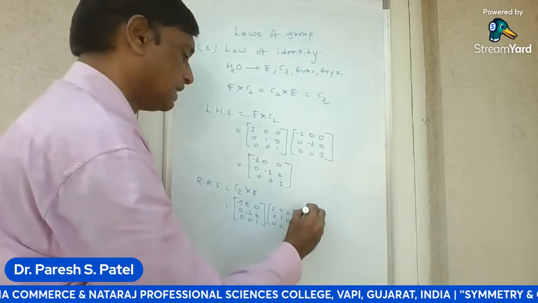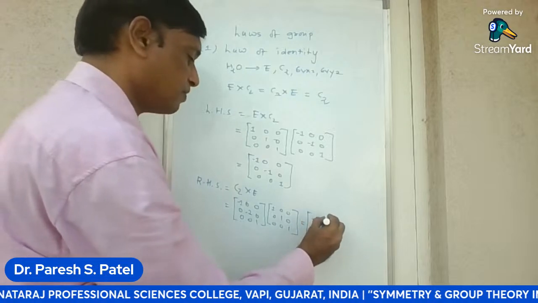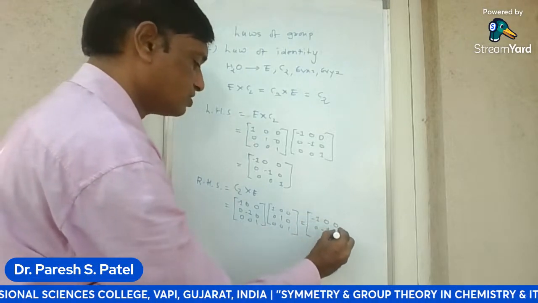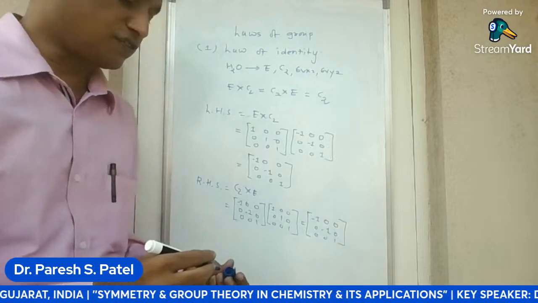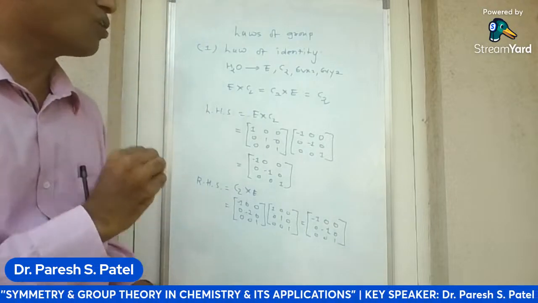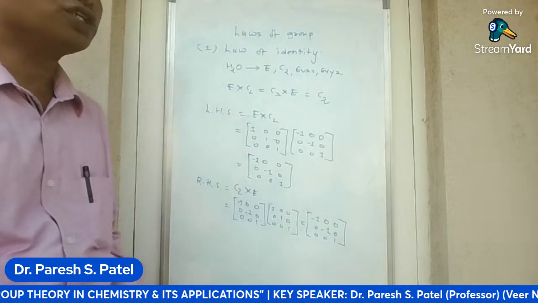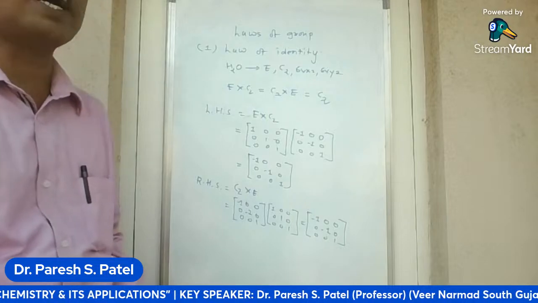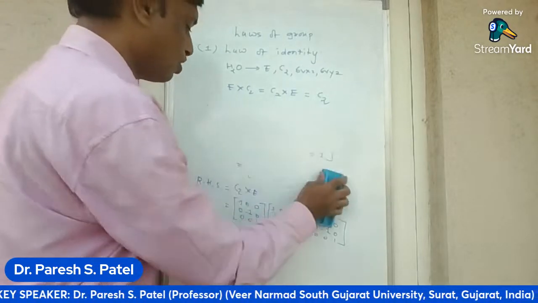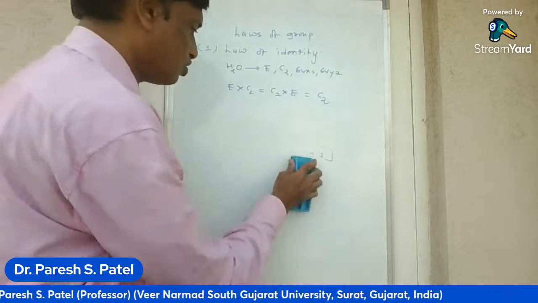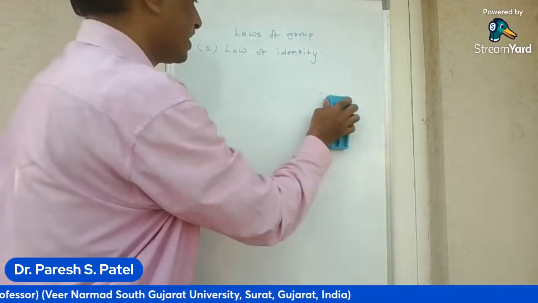If we combine these matrices, we get minus 1 0 0, 0 minus 1 0, 0 0 1. Okay, so this is the first law of the group, the law of identity. The combination of any symmetry operation with identity gives the same answer. The second law of the group is the law of combination or multiplication.